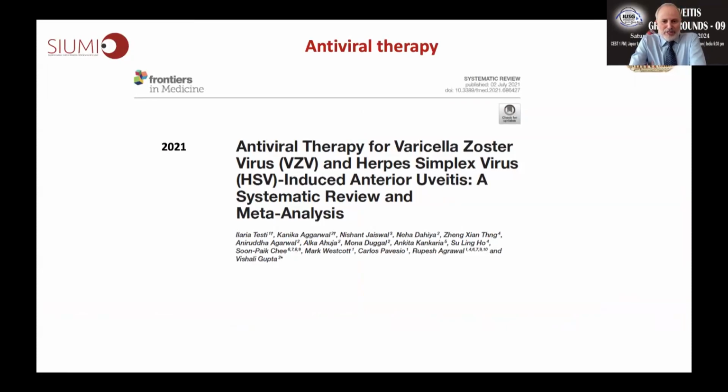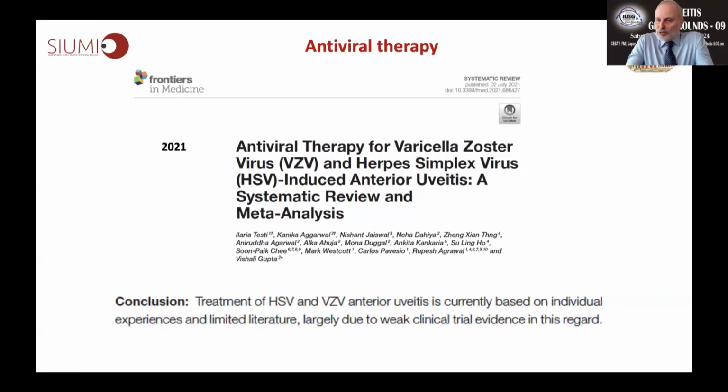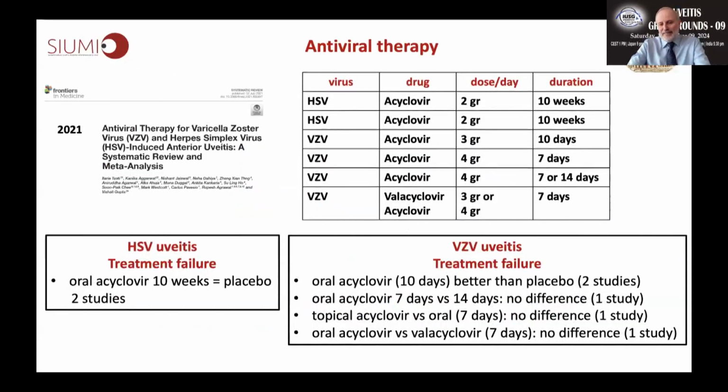Yes, there is, from 2021, but unfortunately the conclusion is that treatment of HSV anterior uveitis is currently based on personal and limited experience, with no possibility of relying on systematic review and meta-analysis. They have demonstrated that, as far as treatment failures for HSV uveitis are concerned, there are only 2 studies that have demonstrated that oral acyclovir prolonged for 10 weeks is exactly equal to placebo.